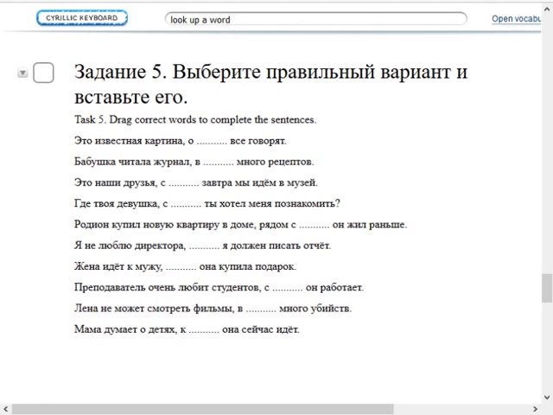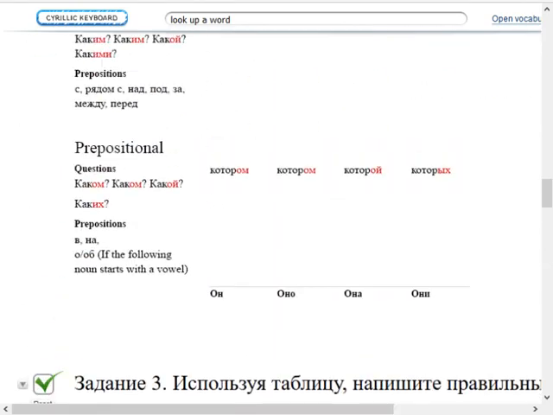Это известная картина. It's a famous picture about which everyone speaks. So o is prepositional, and картина is feminine, so prepositional feminine in this case is которой.